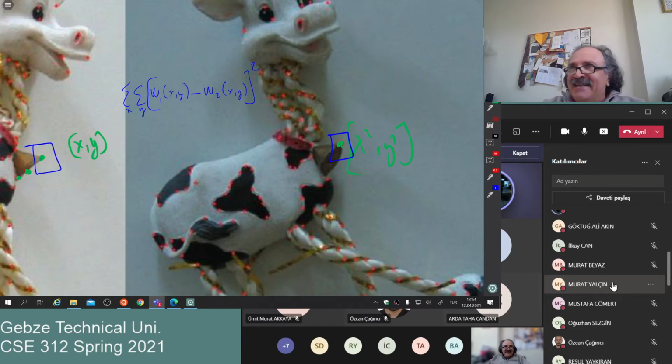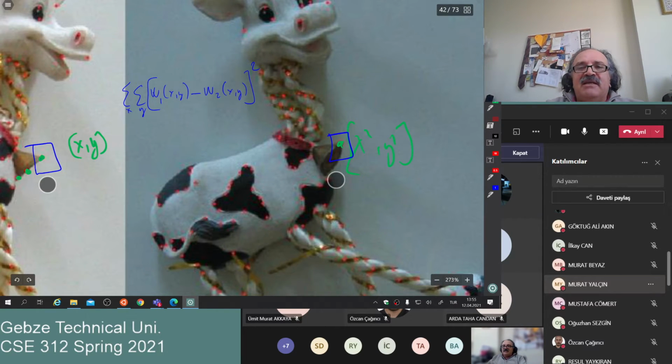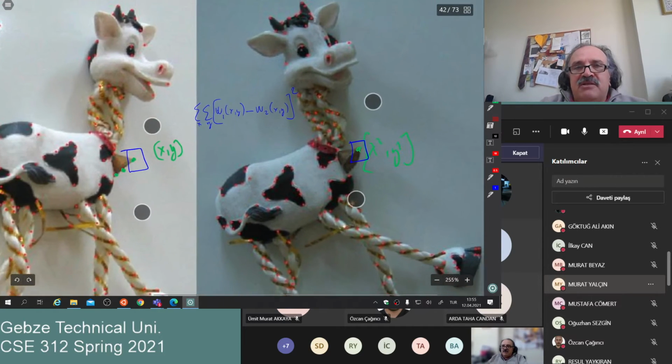Hello. I think I miss what W1 and W2 is. W1 is this, W2 is this. There are blue windows. I am trying to see if these two windows match. I am trying to find the correspondences between these two images.